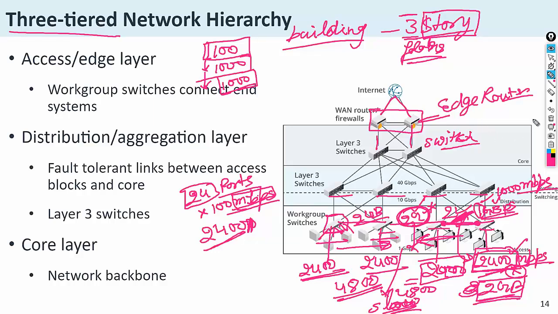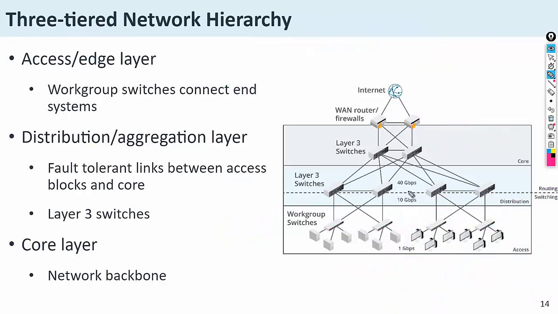That is the reason they have divided it into 3 layers. The first layer is known as the core layer, another layer is known as the distribution layer, and another is known as the access layer.